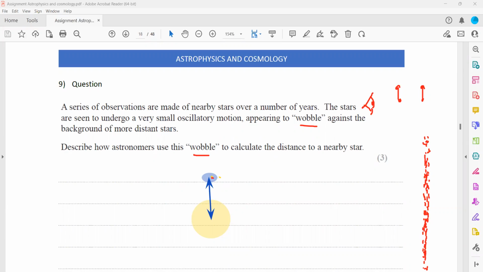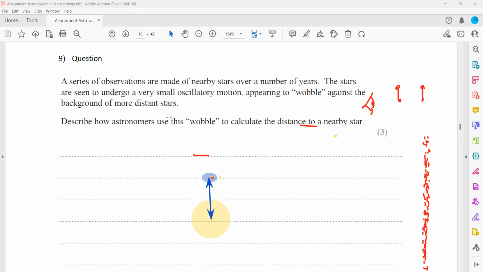Say we are focusing on this star. We observe this star with reference to the background; we make this our origin. And this angle, say theta 1, with reference to the background, is the angle here.